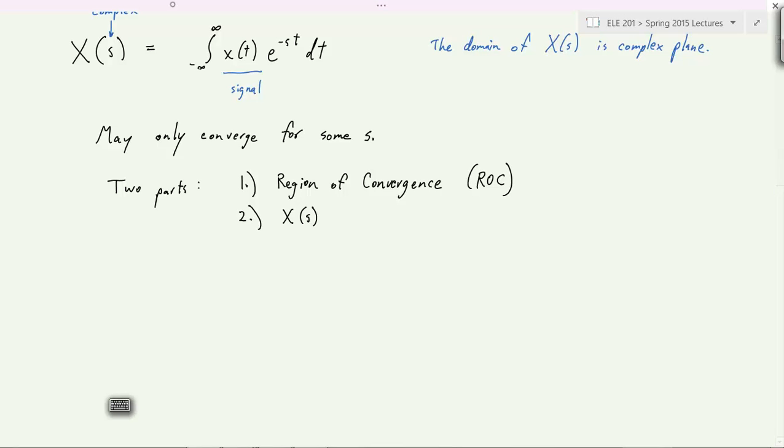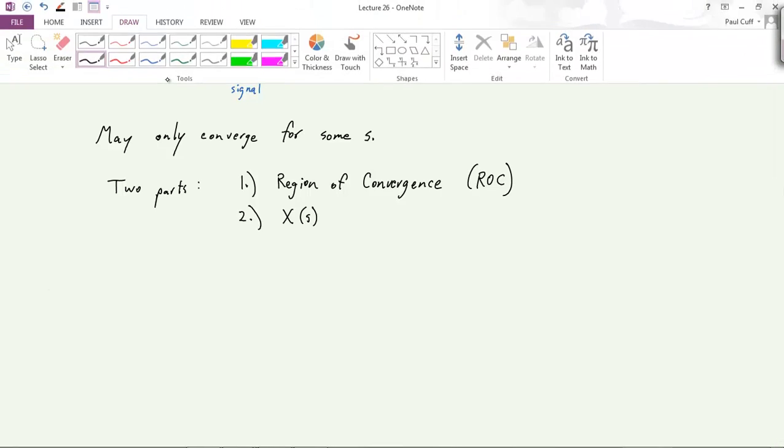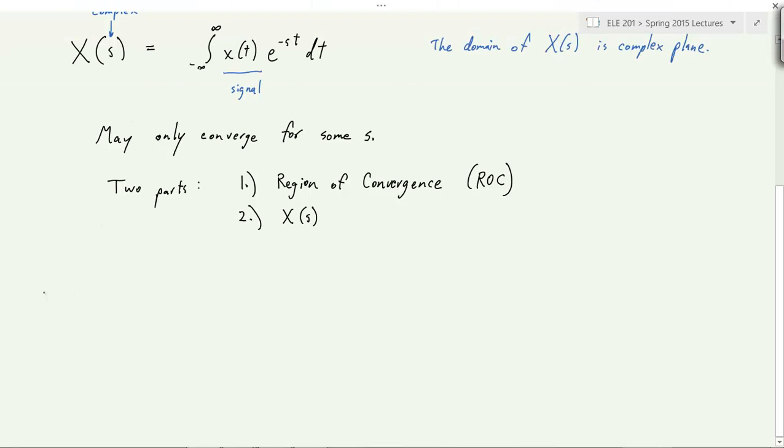Okay, let's do some examples that'll help here. So first of all, let's let x of t equal e to the t u of t.